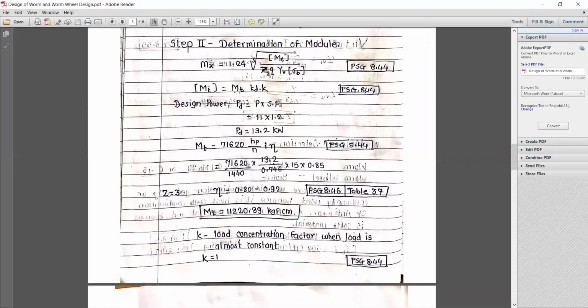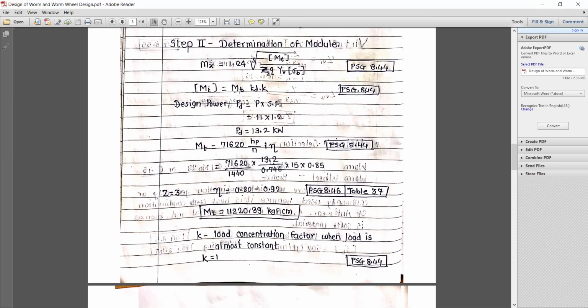Putting all the values in the equation, here rather than writing the value of 13.2 kilowatt, we write 13.2 into 10 raised to 3 divided by 746, so you will get the value in HP. Otherwise you can write 13.2 divided by 0.746. So keep this in mind, and write it according to how you need to write it.